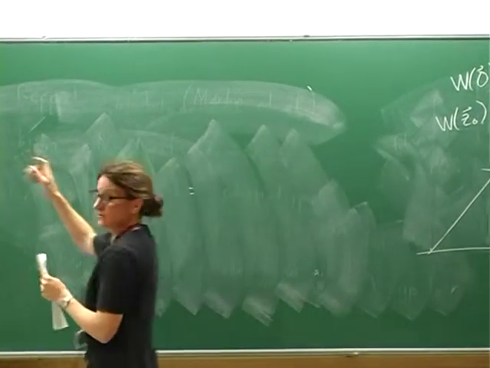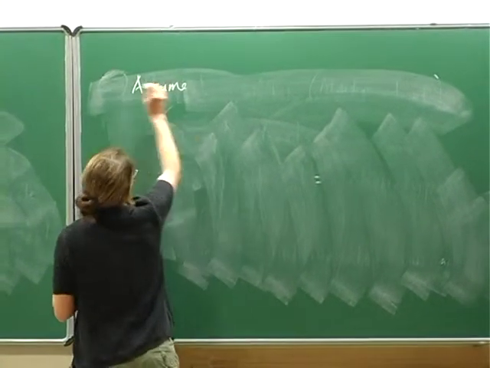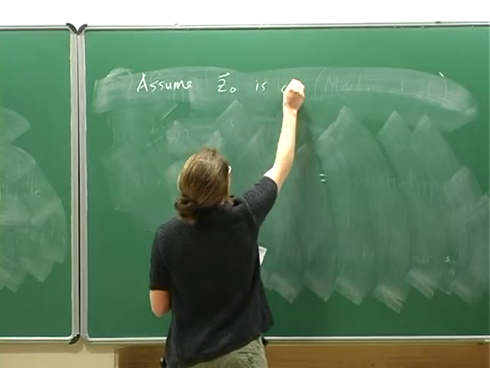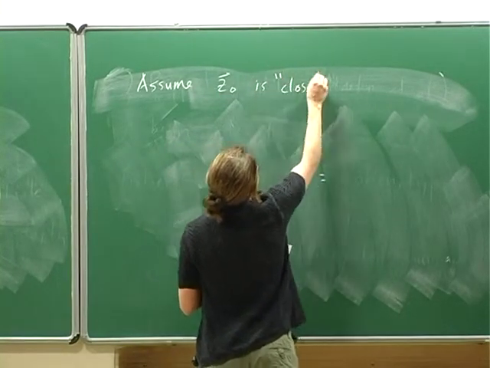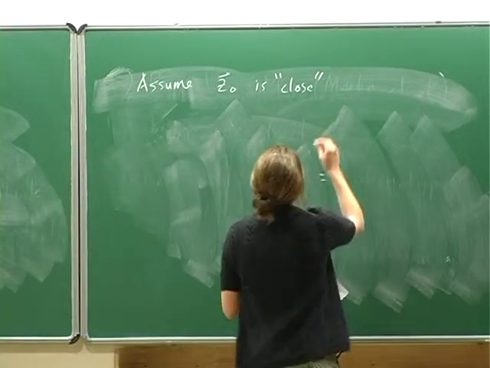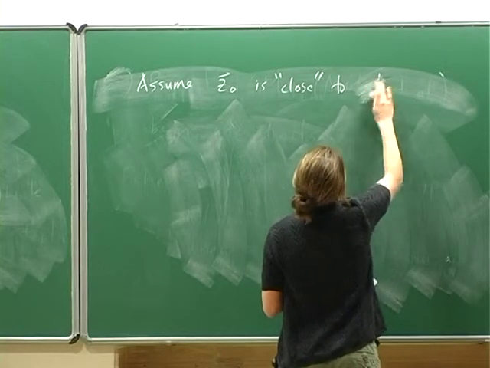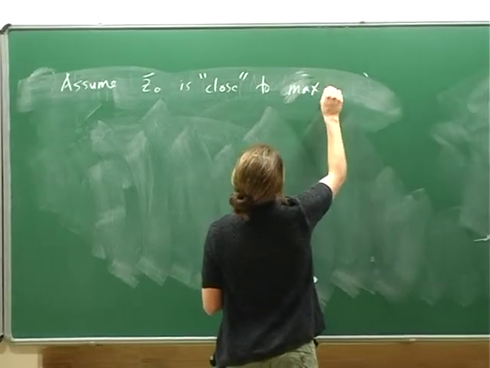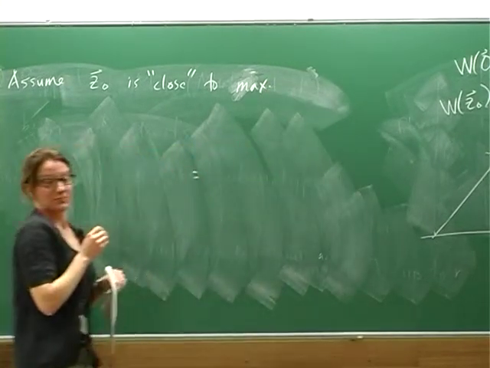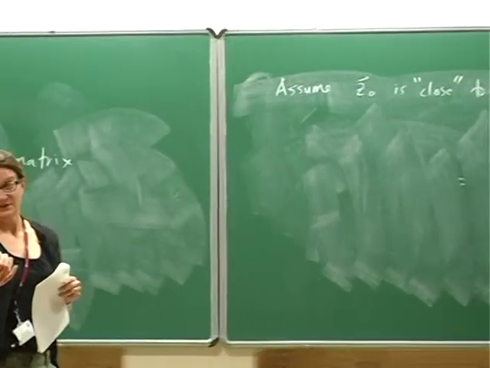All right. Okay, and then there's another big assumption. We're going to assume that Z0 is close in some sense that I'm not going to define, but is defined very clearly in the papers to the optimum, or maximum, or the best phenotype. So the population is fairly well adapted.